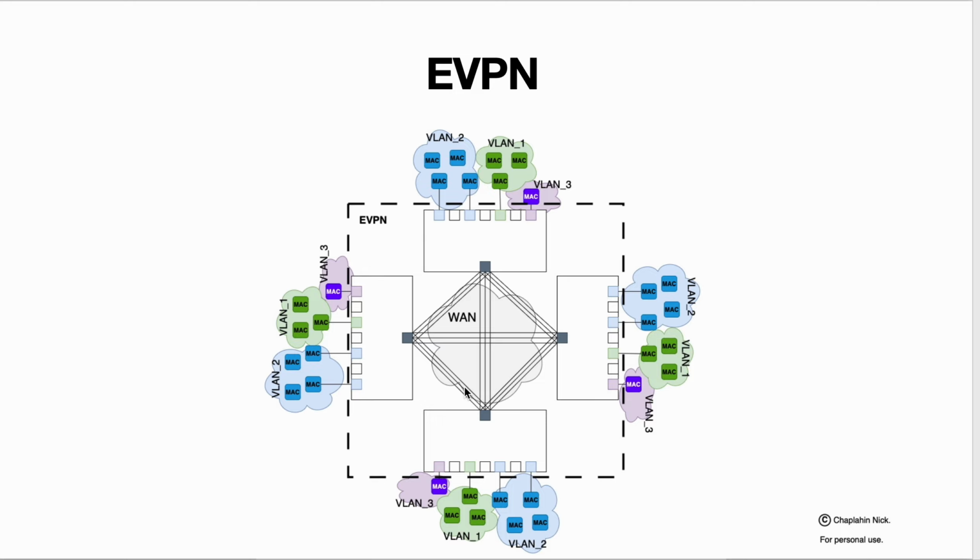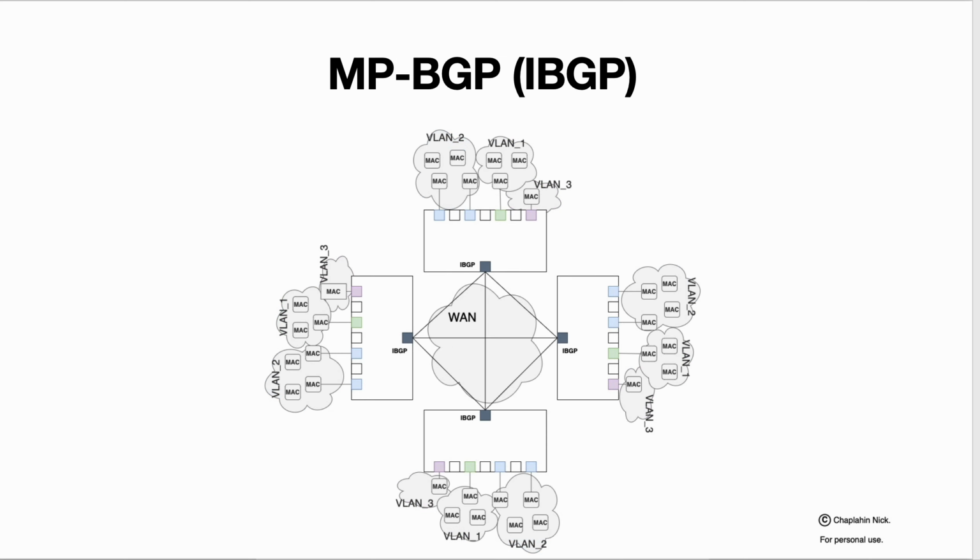It's just working as a normal device. EVPN configuration starts at the provider edge. And again, as you already saw in the set of specifications, BGP is mentioned. It can be mentioned in two ways: MP multi-protocol BGP or iBGP, internal BGP.